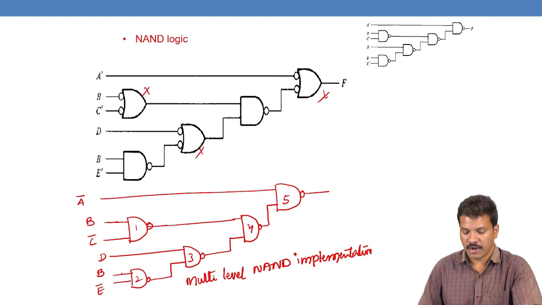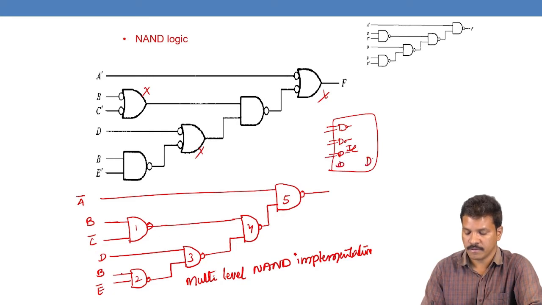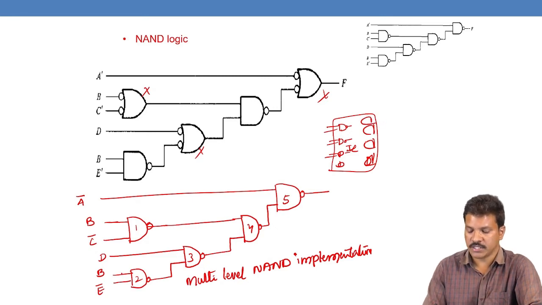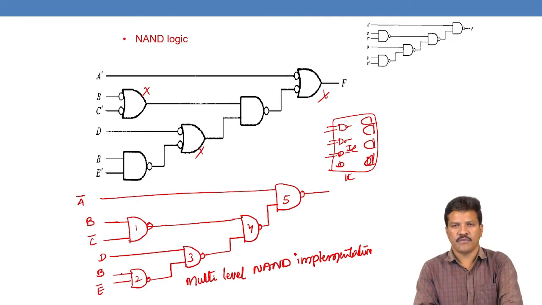But in the final diagram, all gates are NAND, such that whenever we take any IC, the IC consists of, for example, 8 NAND gates. So by using this IC, we can implement the Boolean function by connecting all the NAND gates logically, since these NAND gate chips and NOR gate chips are readily available.